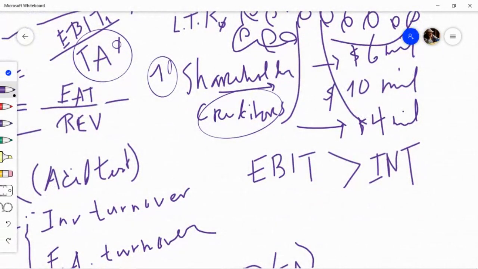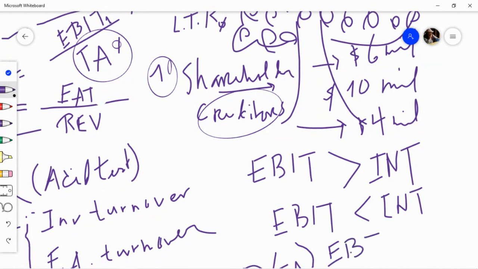If they default, it's going to be like this. This is the situation where they will default. They cannot even pay interest. Then that means their EBT, earnings before taxes, will also be negative. Mathematically, if it is negative, we have to make it automatically zero using an if command.